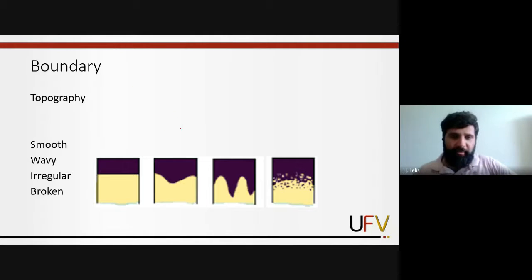We can see this kind of transitional, the wavy boundary, when we have 2:1 materials. So we have illite, kaolinite, smectite, some materials that are very expansive, soils that are not so weathered and leached.